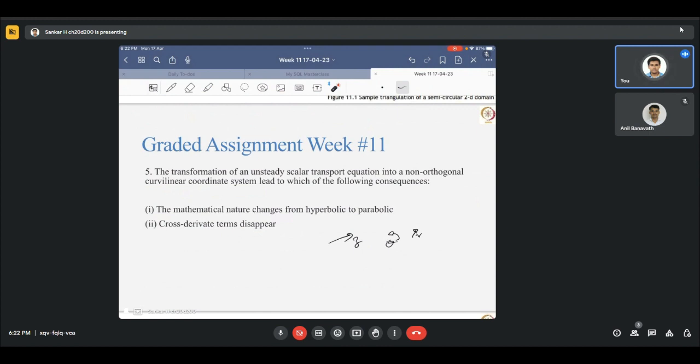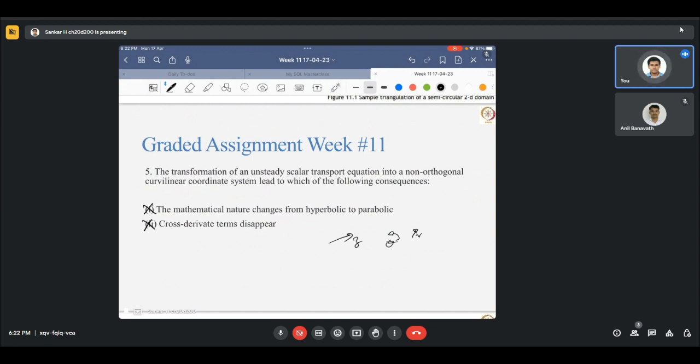Okay, let's look at the options now. The mathematical nature changes from hyperbolic to parabolic. That statement is incorrect, as whatever the equation was in the xy coordinate, when we change it to an r theta z coordinate, the mathematical nature never changes, and the cross derivative terms also do not disappear.